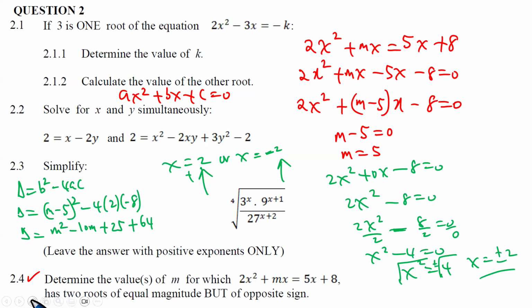At this point, what you're getting is that this is exactly equal to m squared minus 10m plus 89. You got something like this? Yes, sir. And then what did you do at this point? I tried to factorize, but it didn't look like it was going to go well.